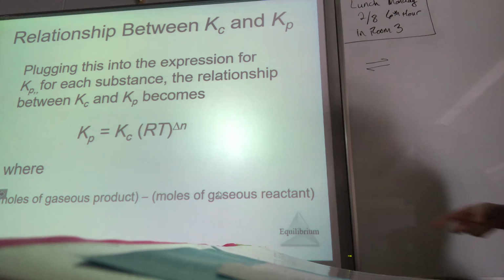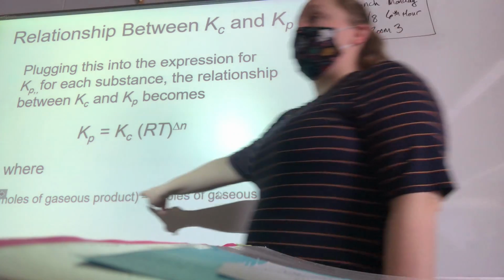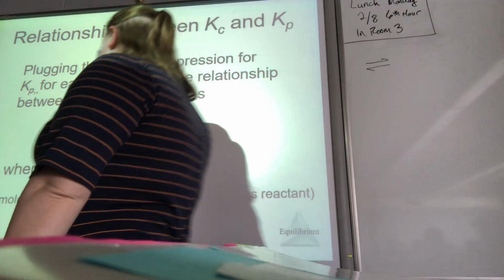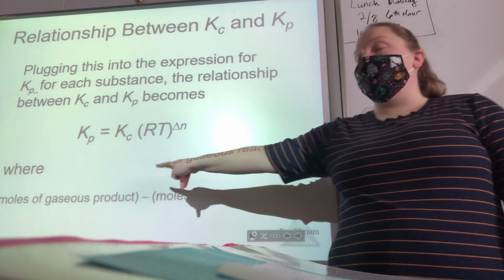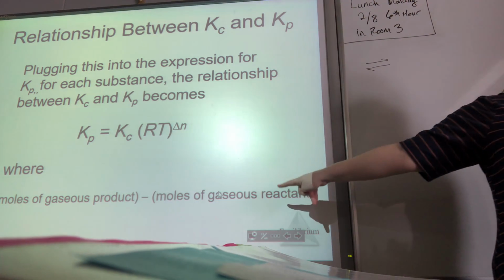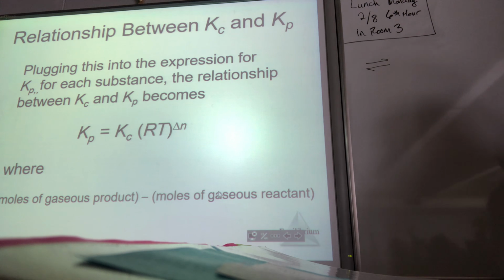Change in moles, ladies and gentlemen. Delta n is described down here. Please get this written down. Moles of product minus moles of reactant is delta n. So this is how we can convert from Kp to Kc or from Kc to Kp.